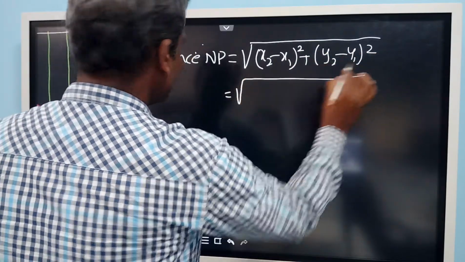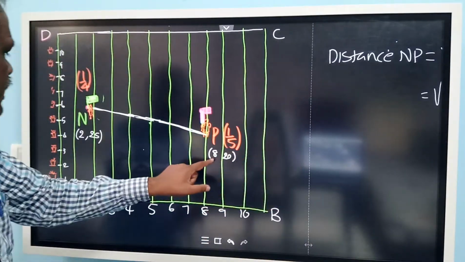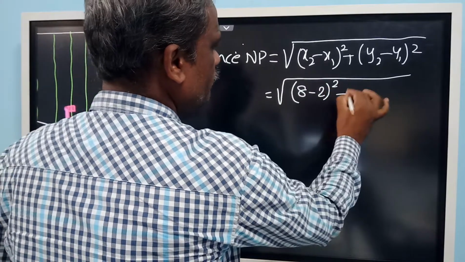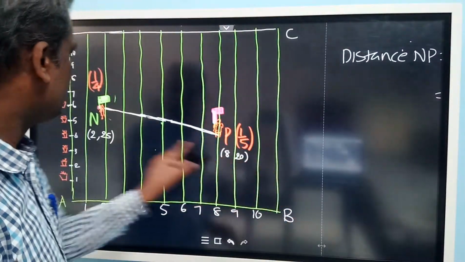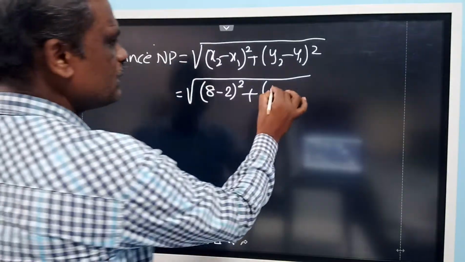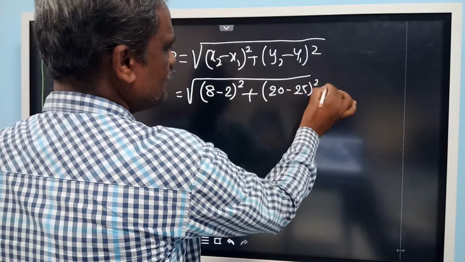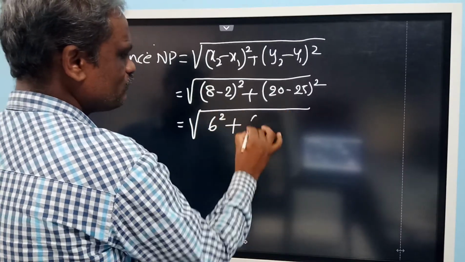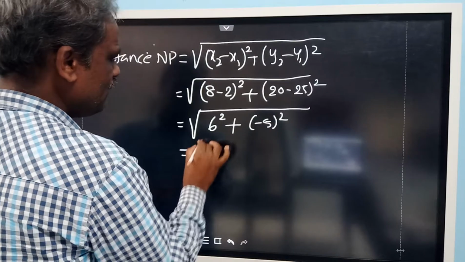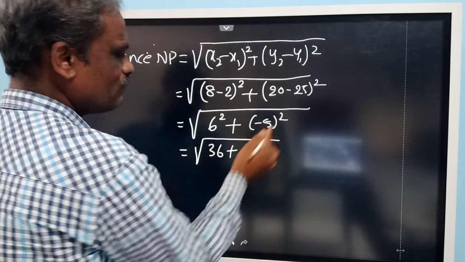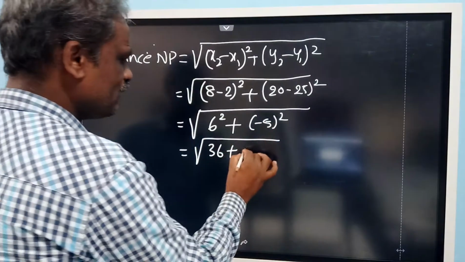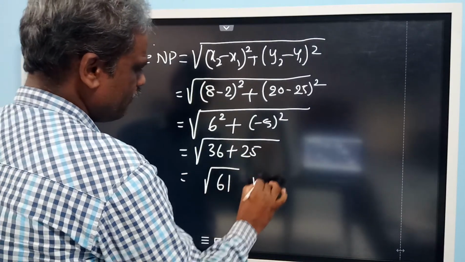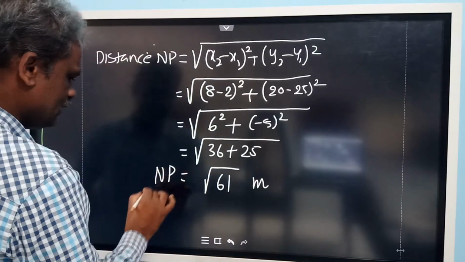So the x coordinates: 8 minus 2 whole square, plus the y coordinates: 20 minus 25 the whole square. Simplify this one. 8 minus 2 means 6 square, and this is minus 5 whole square. So it will be 36 plus 25, since minus 5 squared is positive, so you are getting √61 meters.